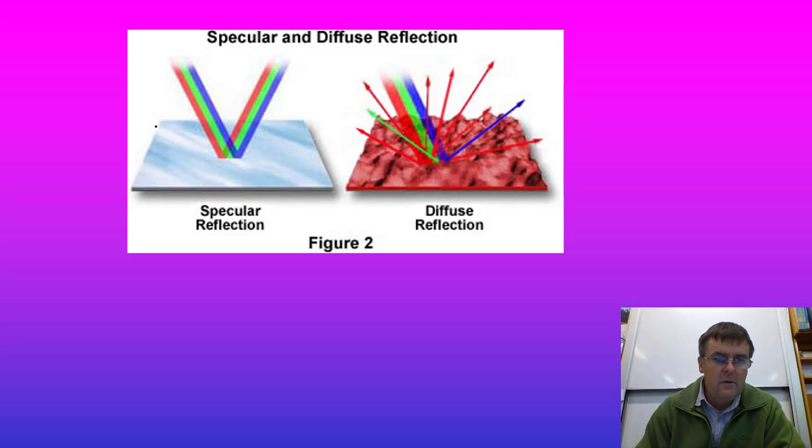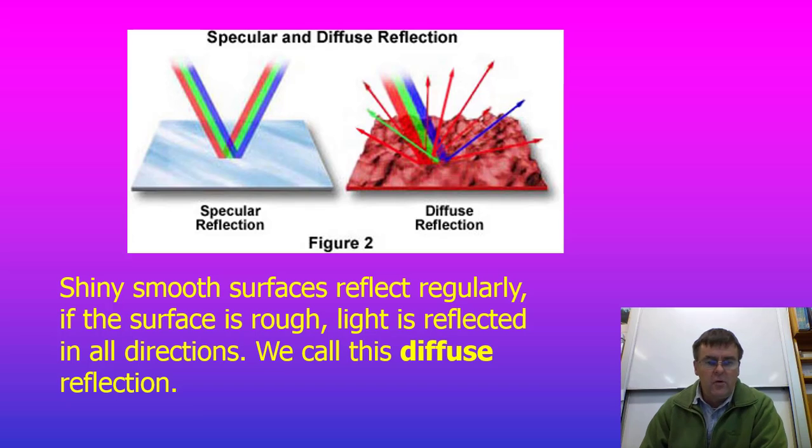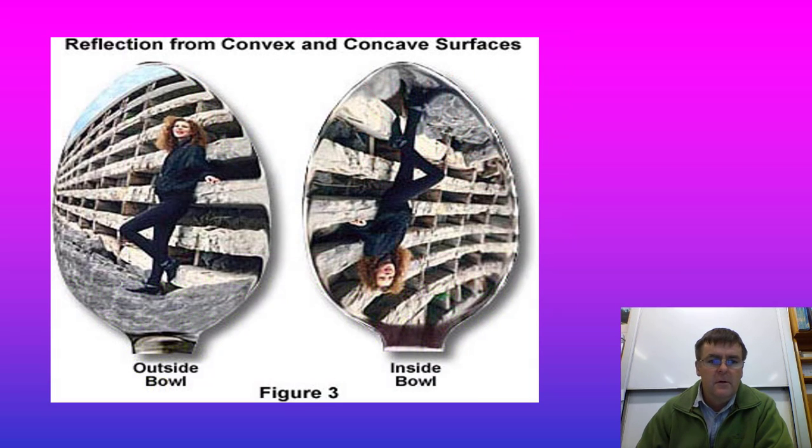In specular reflection, they come in a regular fashion and are bounced out in a regular fashion. In diffuse, they're coming in regular, but they go out in all different directions. So smooth surfaces reflect in a regular fashion. If it's a rough surface, it's a diffuse reflection because it goes in all directions.